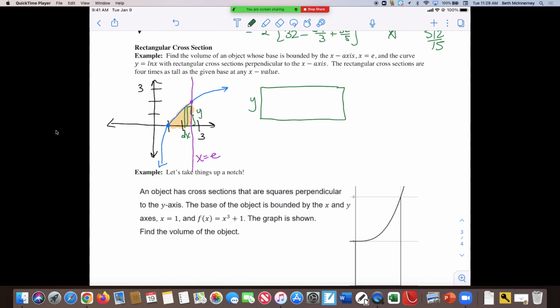So the base of the rectangle is y, and it says it's 4 times as tall. So area of a rectangle is base times height. So this is y times 4y, or 4y squared.